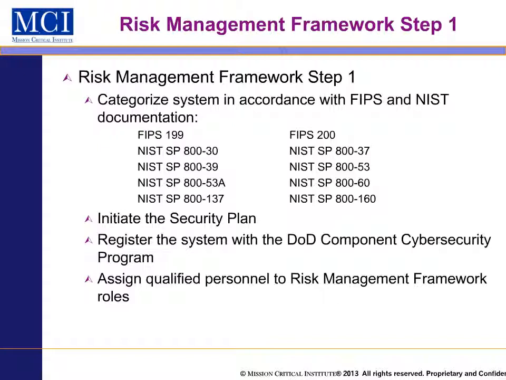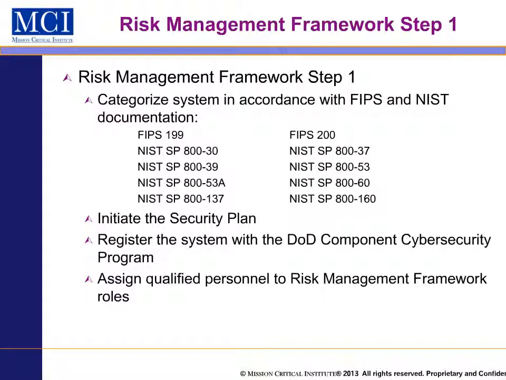Then we have Special Publication 837, which is the Guide to Applying the Risk Management Framework to Federal Information Systems, which is basically a security lifecycle approach to the 6 risk management framework steps that we just looked at. After that, we have NIST Special Publication 839, and this deals with managing information security risk from an organizational, mission, and information system view.